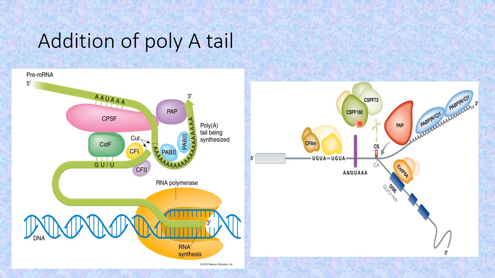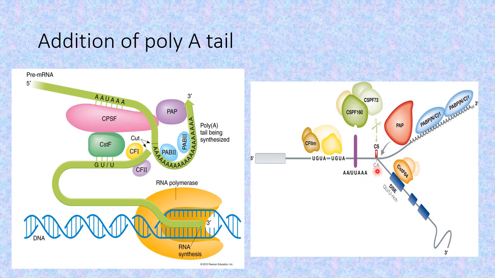So this 160 domain is used for the attachment of this CPSF to the AAUAAA sequence, whereas this 73 domain is responsible for the endonuclease activity, and it breaks the phosphodiester bond of the messenger RNA that is being transcribed at the cleavage site.